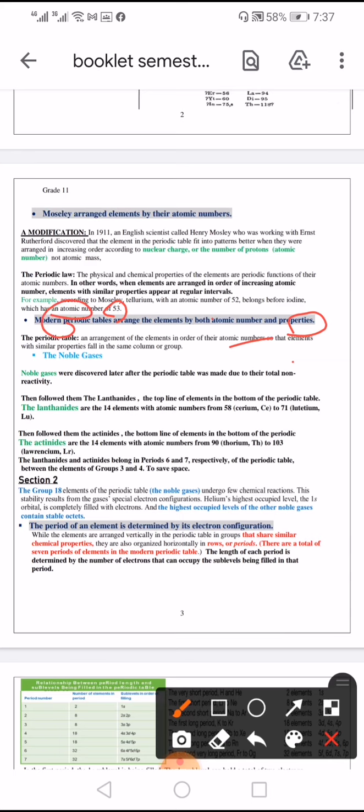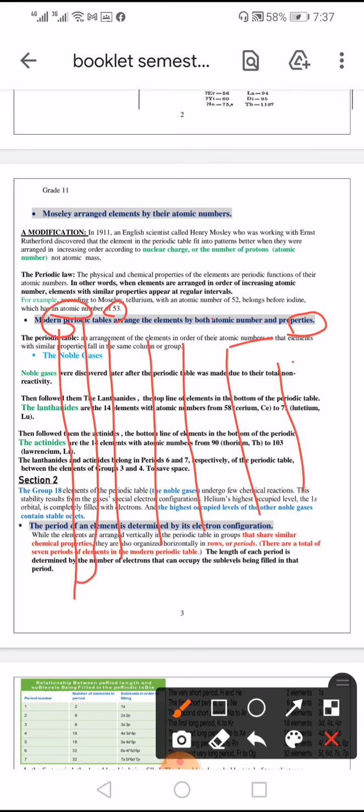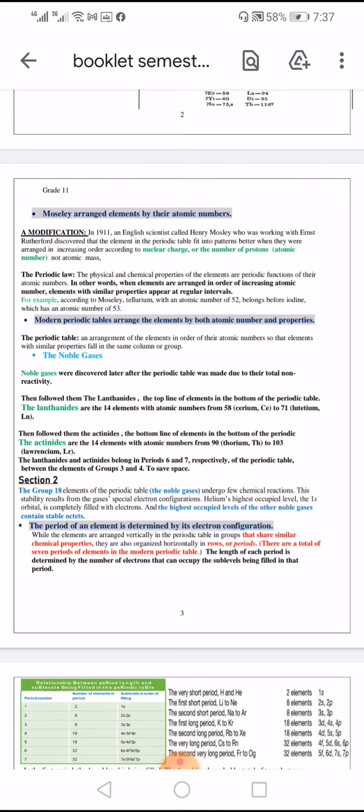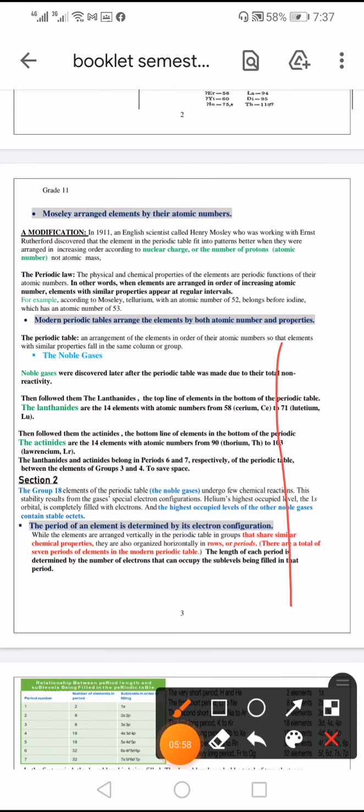For example, group 1 has the same chemical and physical properties. Noble gases, which are group 18, the last group in the periodic table, were discovered later, after the periodic table was made, due to their being totally non-reactive.